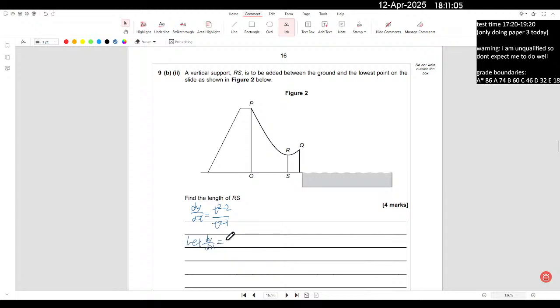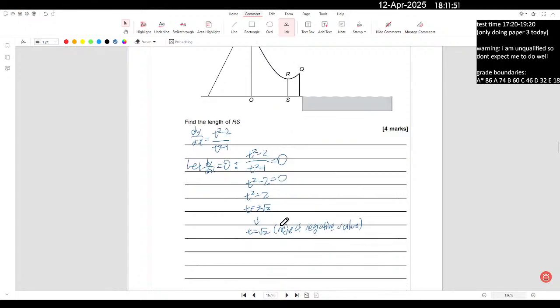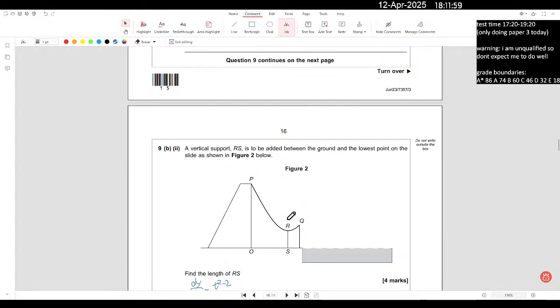Let dy over dx equal 0. t squared minus 2 over t squared minus 1 equals 0, so t squared minus 2 equals 0, t squared equals 2, and t equals plus or minus root 2, which should be t equals root 2 because you reject the negative value.